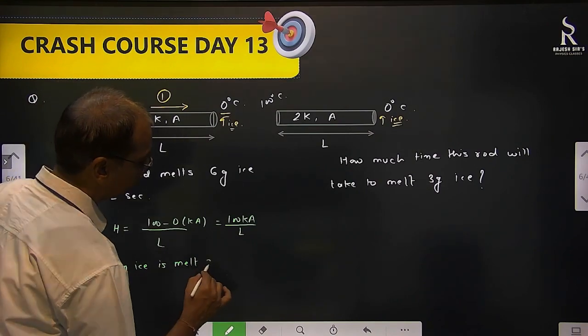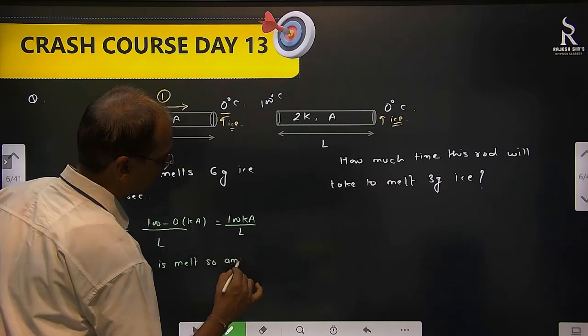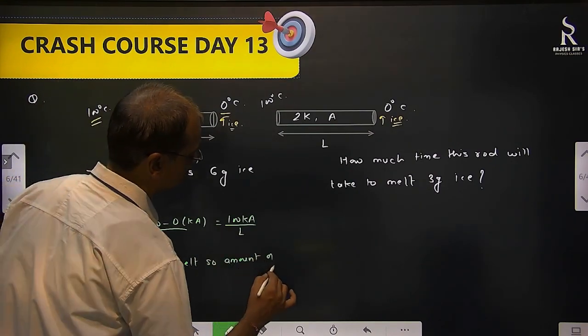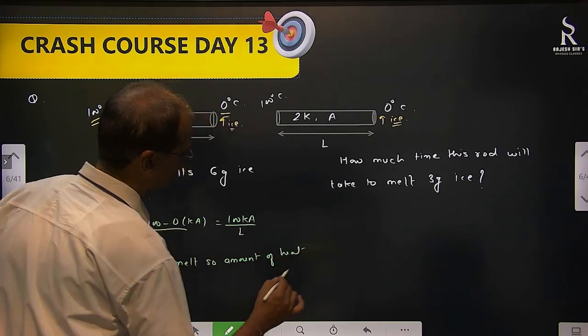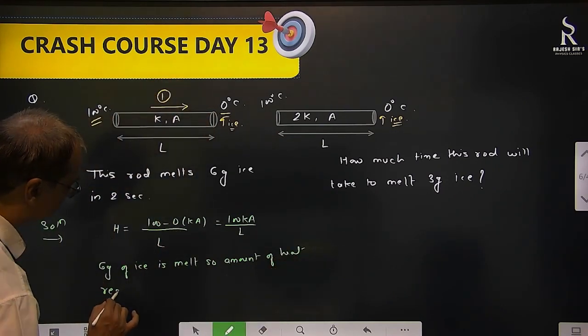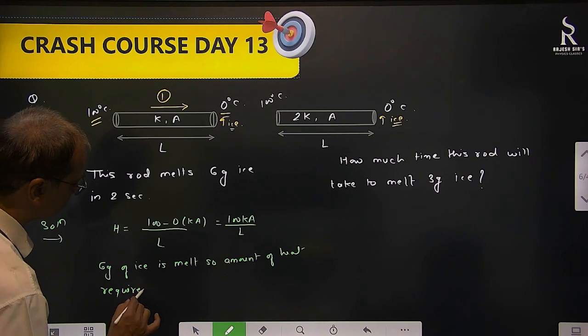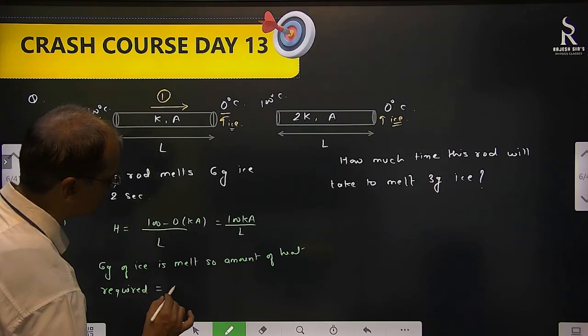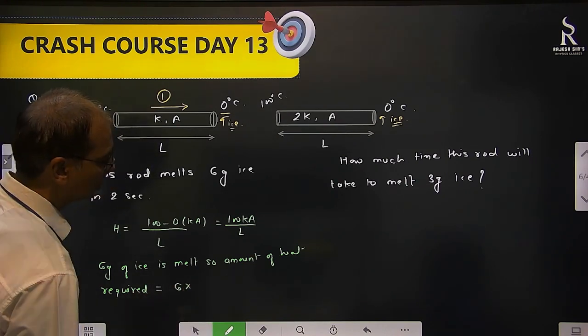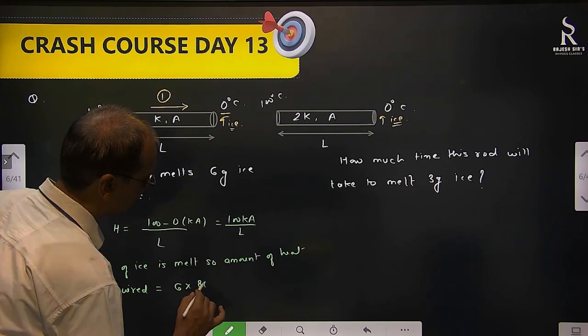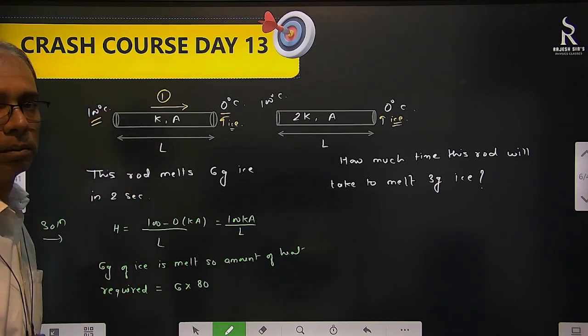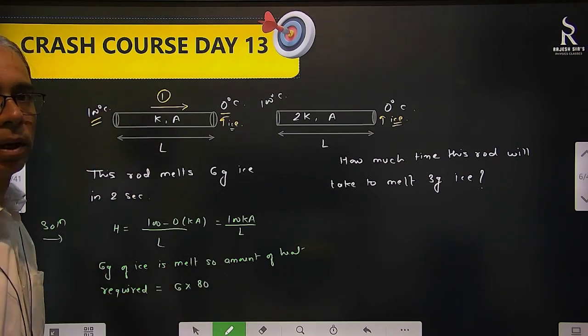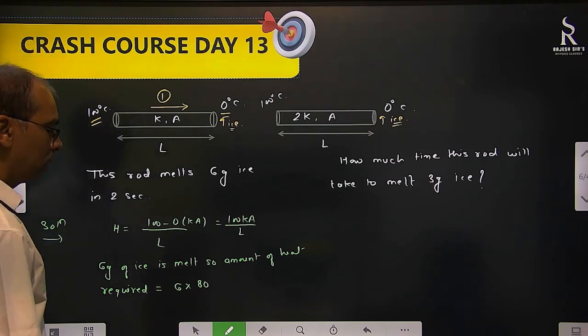So the amount of heat required is 6 into how many calories? 80 calories per gram. So 480 calories it requires, in 2 seconds.